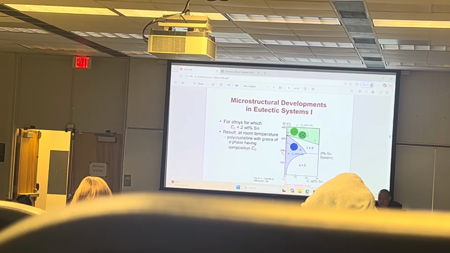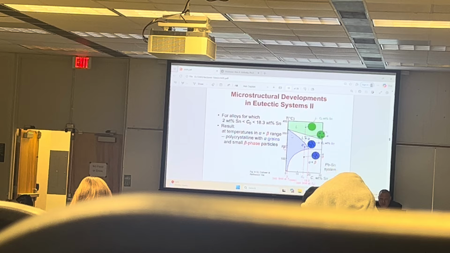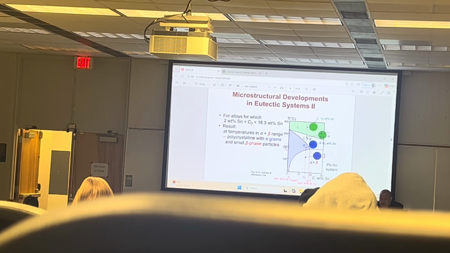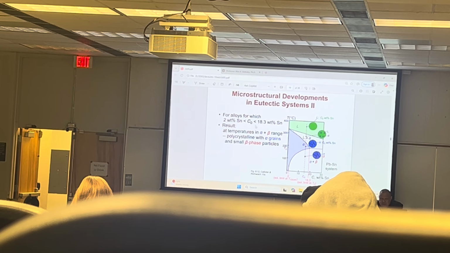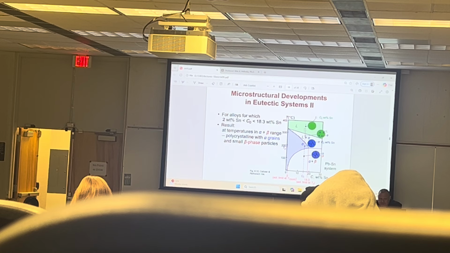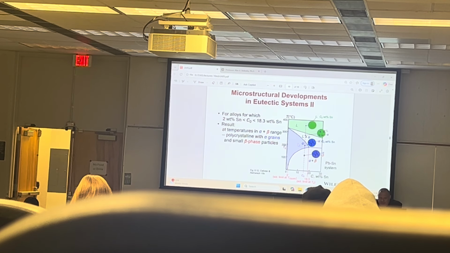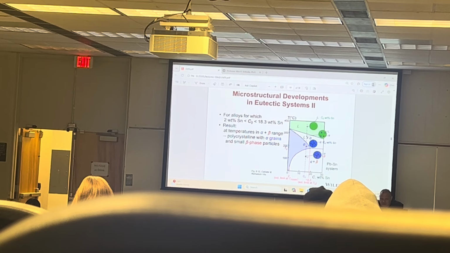And it's going to have the composition of C0. Well, let's say we drop in a little more tin. Between 2% and 18.3%, we're going to have alpha plus the beta phase range. So we're going to have alpha grains and beta particles. Those little tiny speckles.